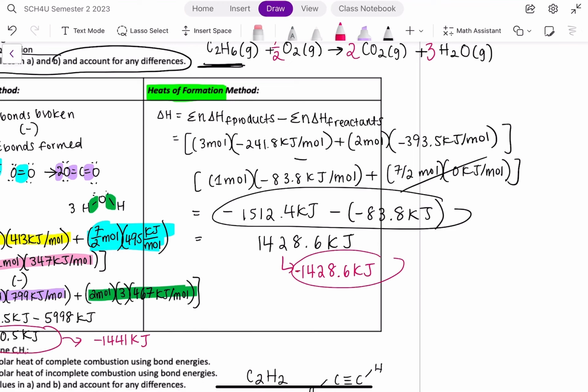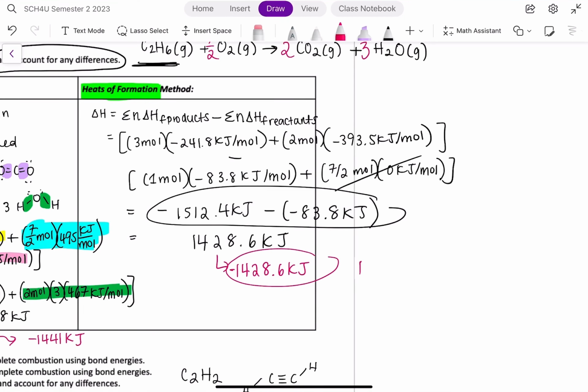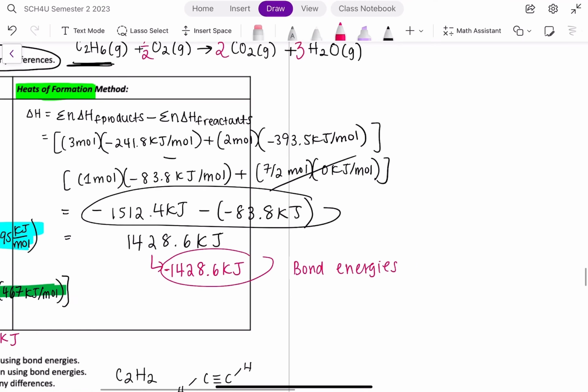If you notice and compare both of these numbers between the standard enthalpy of formation method and the bond energies method, there is a discrepancy, and that is because the bond energies given in your reference table, so using our first method, are only estimated values due to the use of energy averages.